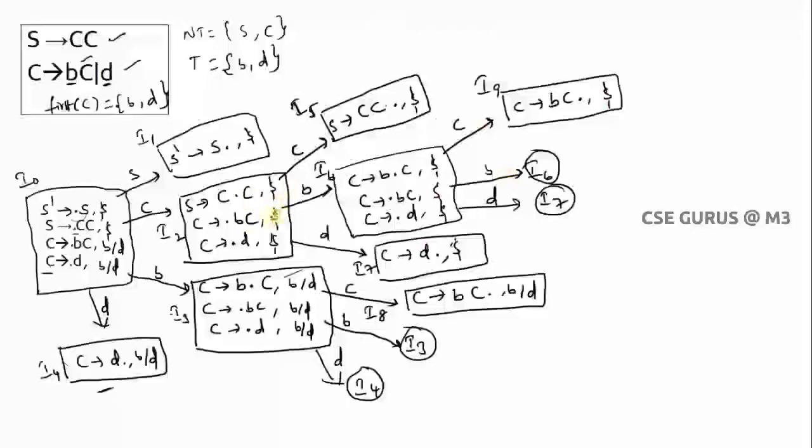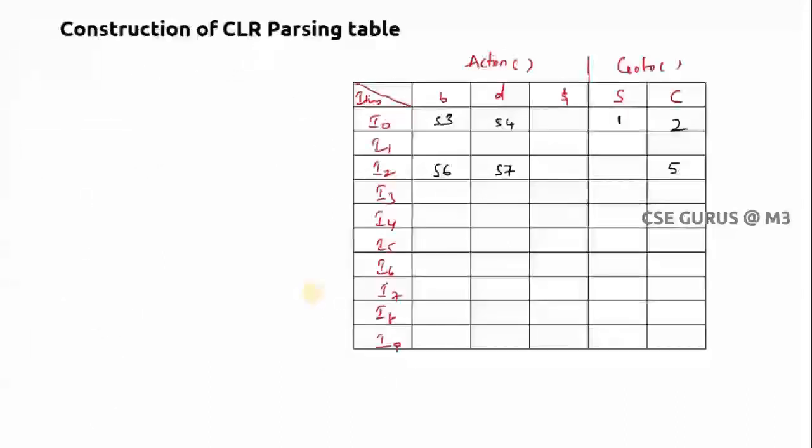Next I2 is over. Next coming to I3. What are the symbols scanned from I3? I3 to C is I8. C is a non-terminal, that's why you write only the number.